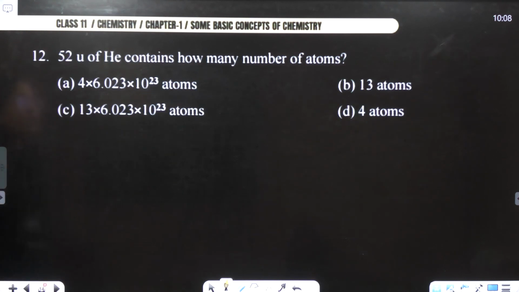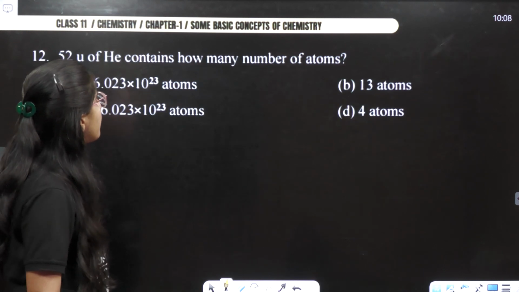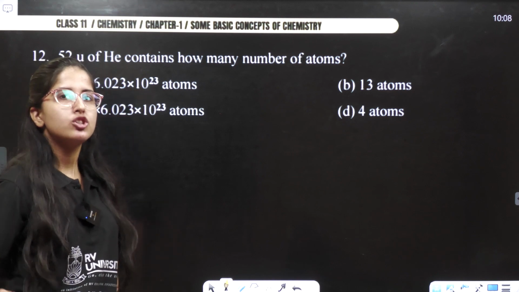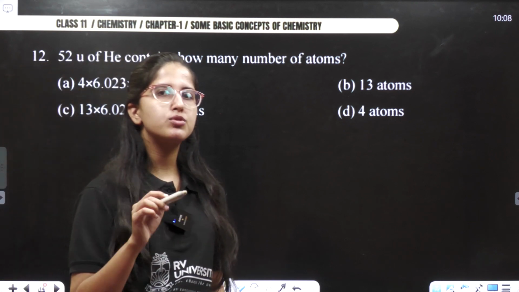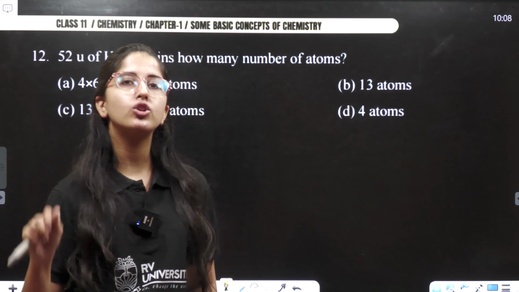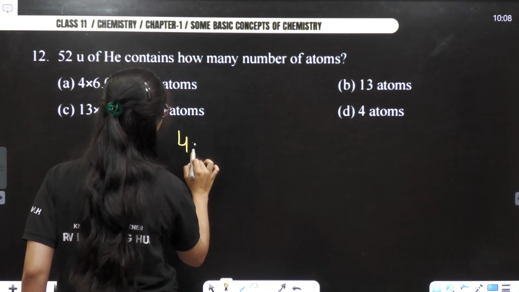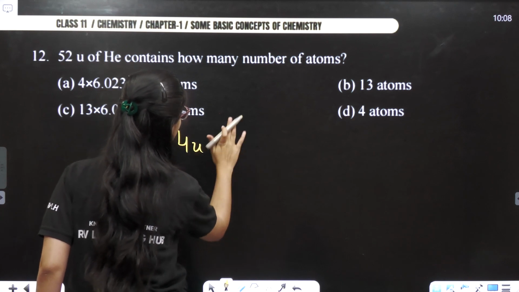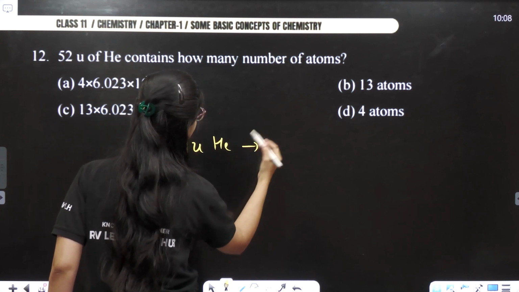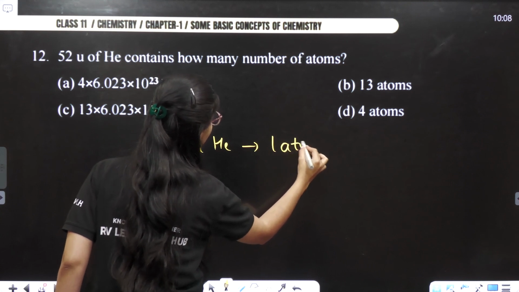Next question. 52 unified mass of helium contains how many number of atoms? So see, whenever you are defining mass in terms of unified mass, it is talking about one atom only. So if you say 4 unified mass of helium atom, then it tells about 1 atom of helium mass.